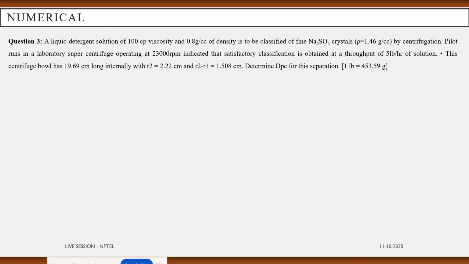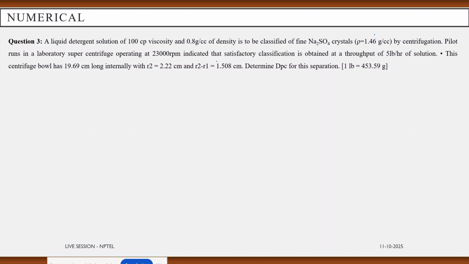It is written that a liquid detergent solution having some viscosity, and it has some density as well, is to be classified of fine Na2SO4 crystal by centrifugation.